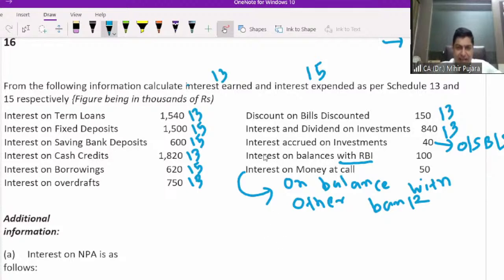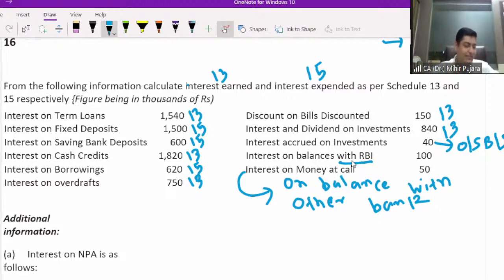So guys, both have the same meaning. Logically, one is interest on balance with RBI, second is interest on balance with other bank.